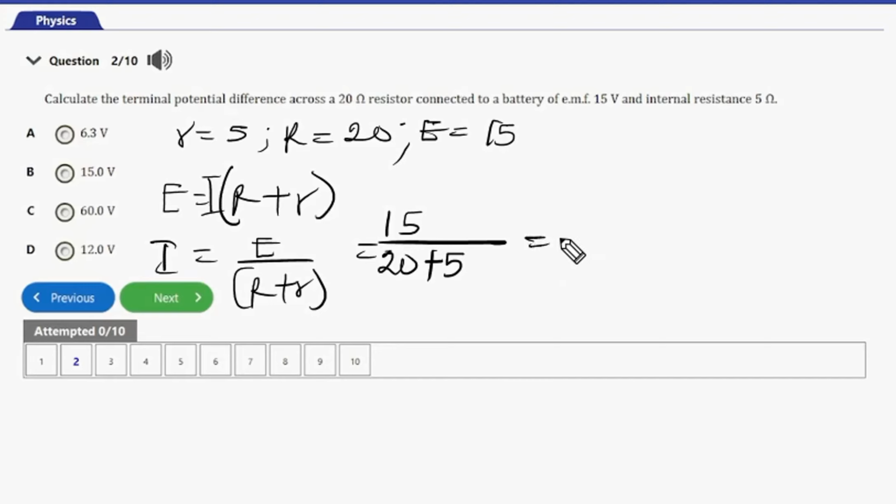So this will be 15 over 25, and that's 0.6 amps.